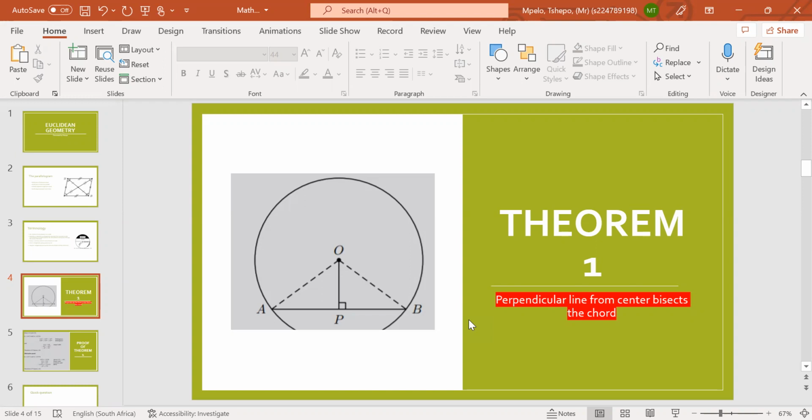Theorem 1. Theorem 1 is the perpendicular line from center. Perpendicular line from center bisects the chord. In this case, what is your chord?